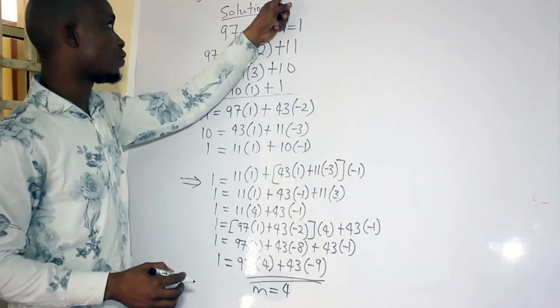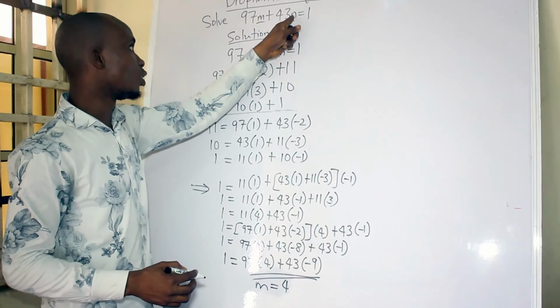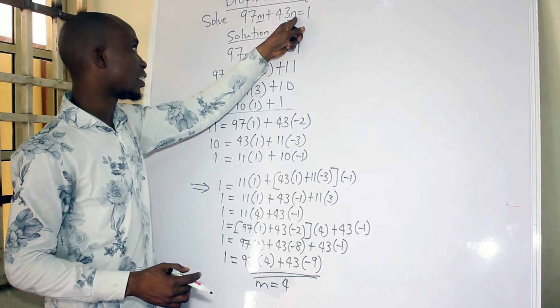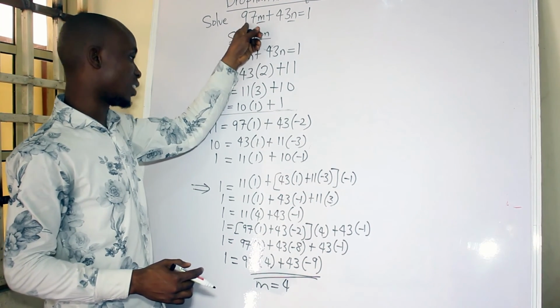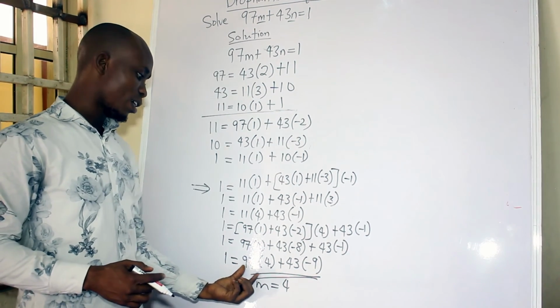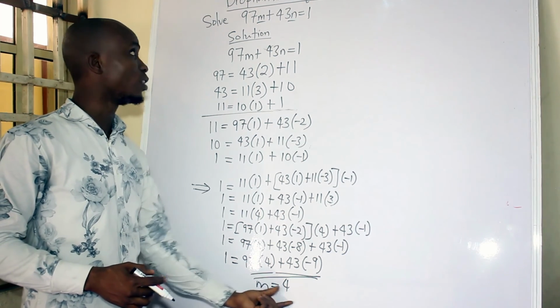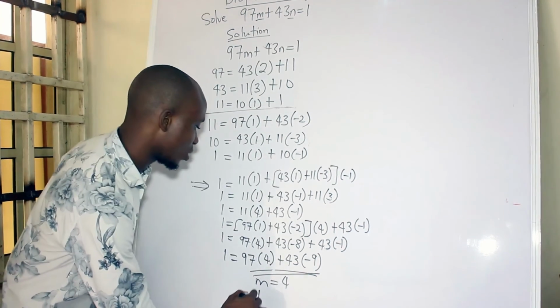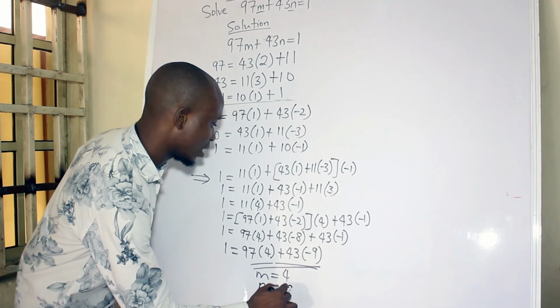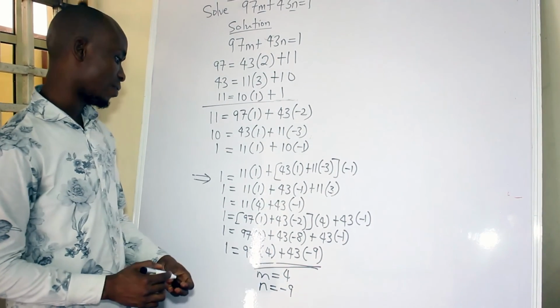Now looking at this, the coefficient of n here is 43. The coefficient of m here is 97, and here we have 4 attached to 97, so m is 4, and then n is going to be minus 9. n will be minus 9.